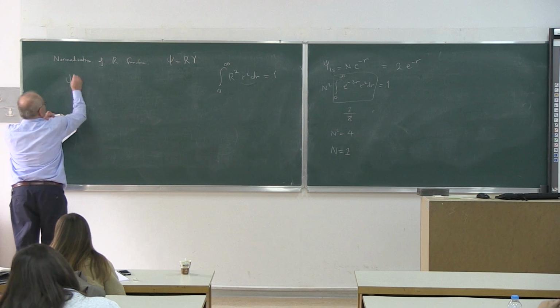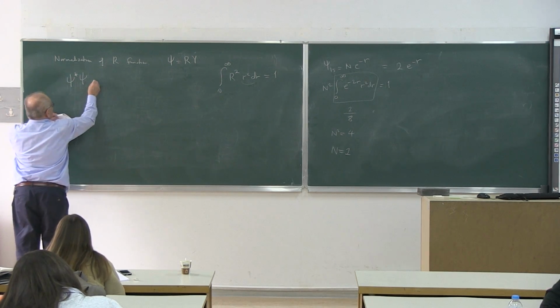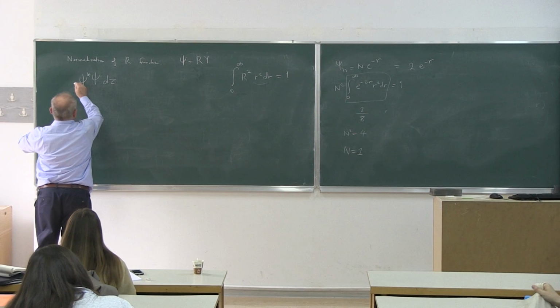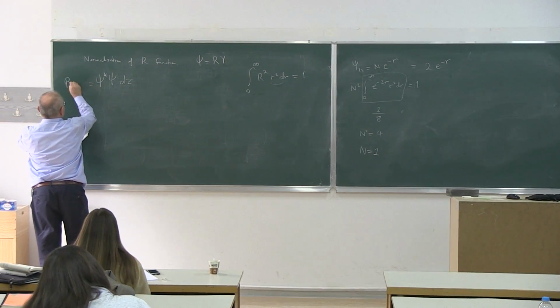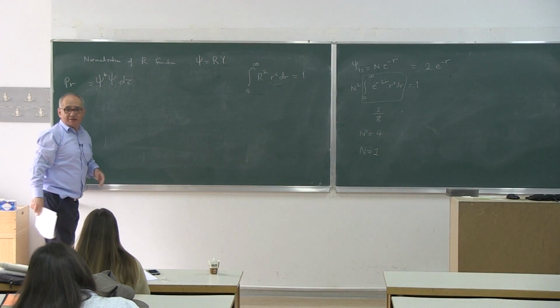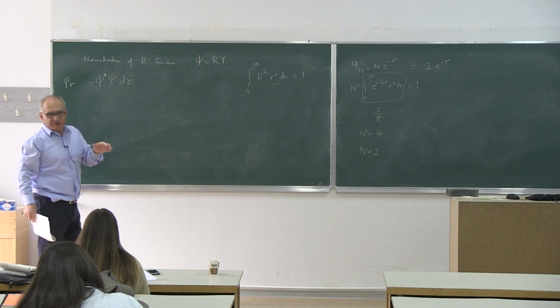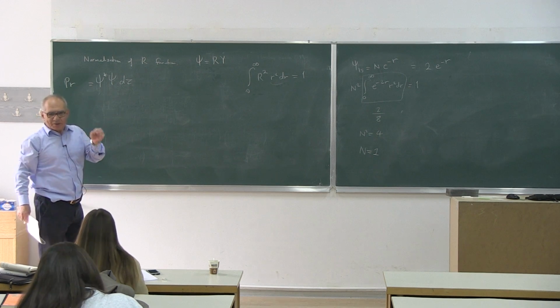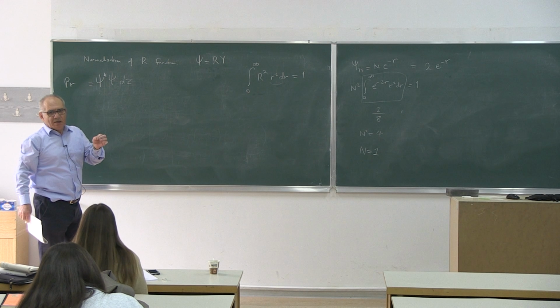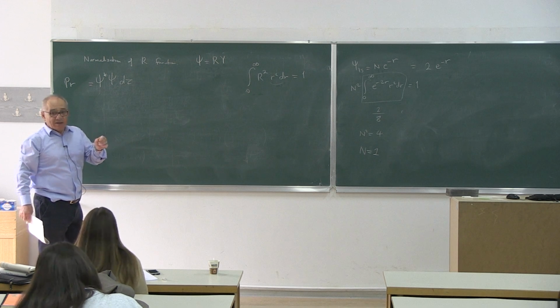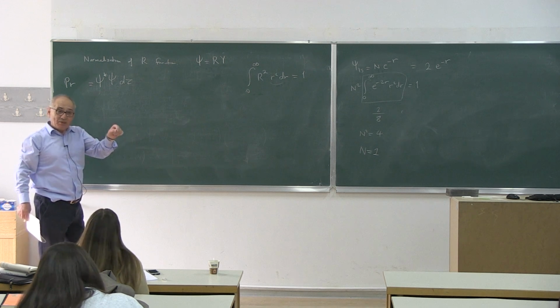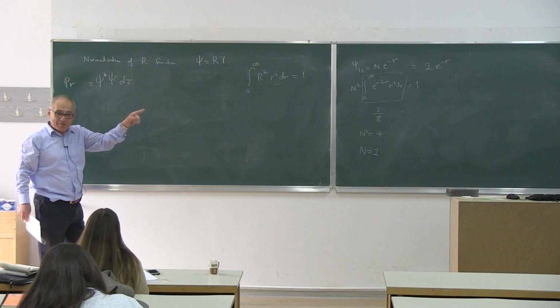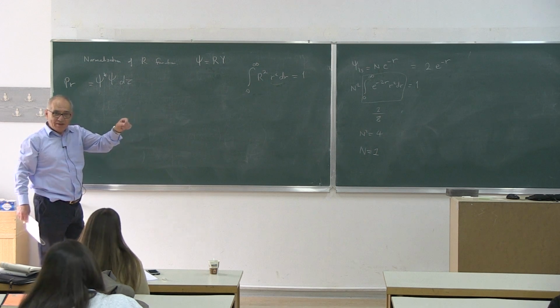Now, let us go back to this expression. This is our general expression for the probability of finding the particle. In this case, what is the particle in our problem? What is the name of the particle?